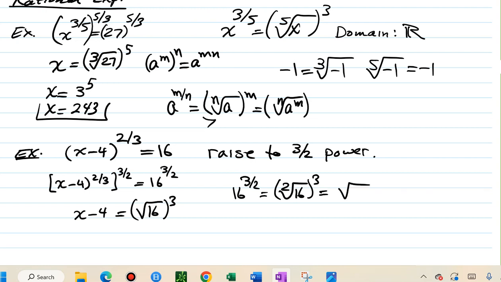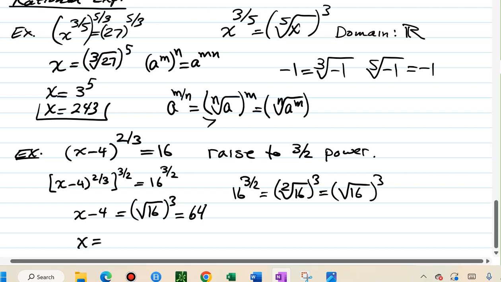But index 2 is simply square root, which we don't write. That's how I got the square root of 16. It's like, where did the 2 go? It's there, but we don't write it for square roots. Square root of 16 is 4. 4 cubed is 64. Add 4 to both sides, we get 68. And there you have it.